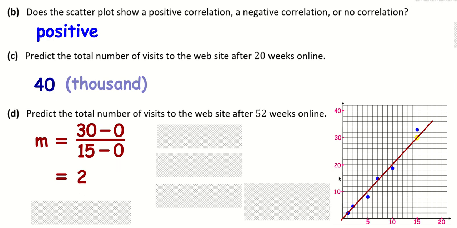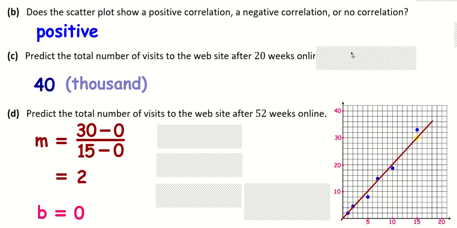Or you could just do, let's see here, 15 comma 30. You could just do the slope formula for these coordinates right here and 0 comma 0. So 15 comma 30 and 0 comma 0. You could calculate the slope that way.